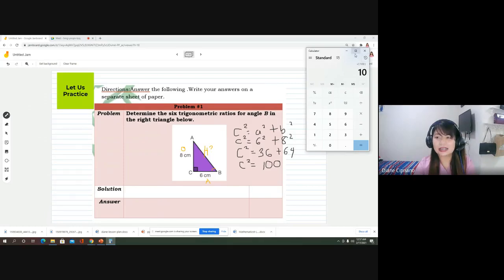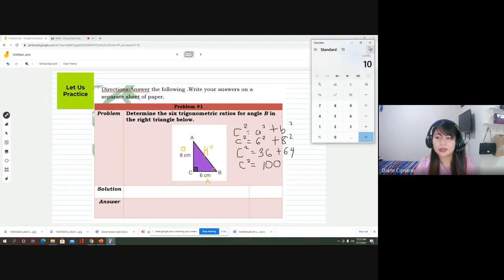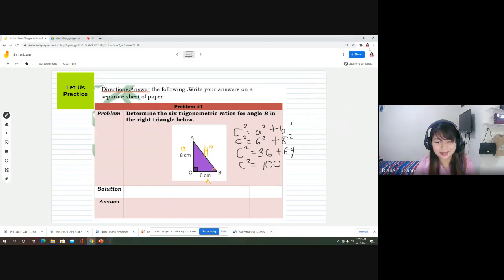So as simply as that. In this case, using a calculator is allowed, of course. So for c squared, we take its square root, sorry about my term, for us to cancel the square. Our hypotenuse is equal to 10.